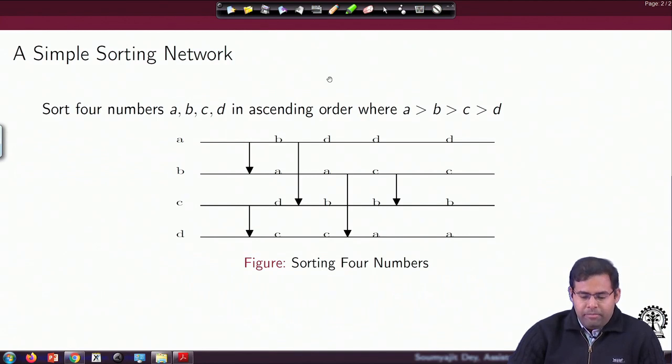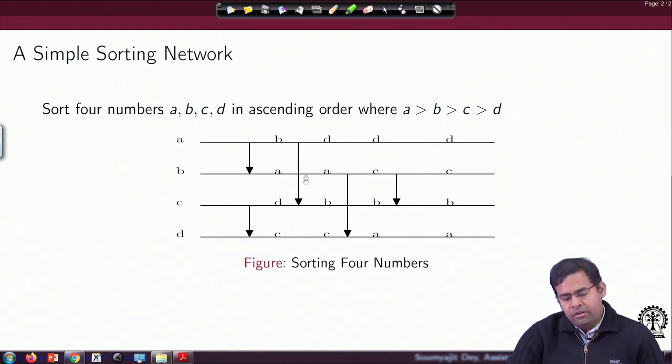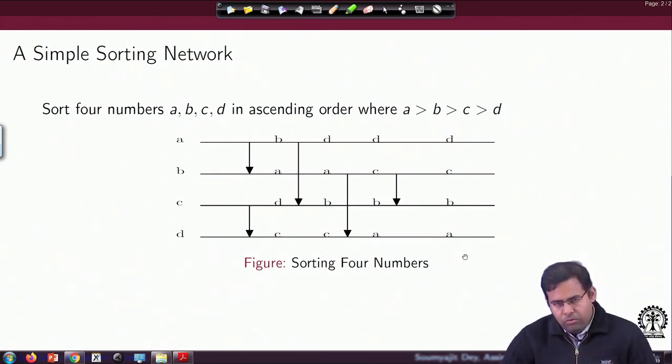Now what's happening is, as the switching of the values between the wires goes on with respect to time, if we see the flow of values, the circuit is going to ensure that at the output I get the values in ascending order. I get D followed by C followed by B followed by A, right? So one thing we can now understand, it makes sense to think like this, that I can use this kind of a sorting network to represent the underlying algorithm of a sorting function, right?